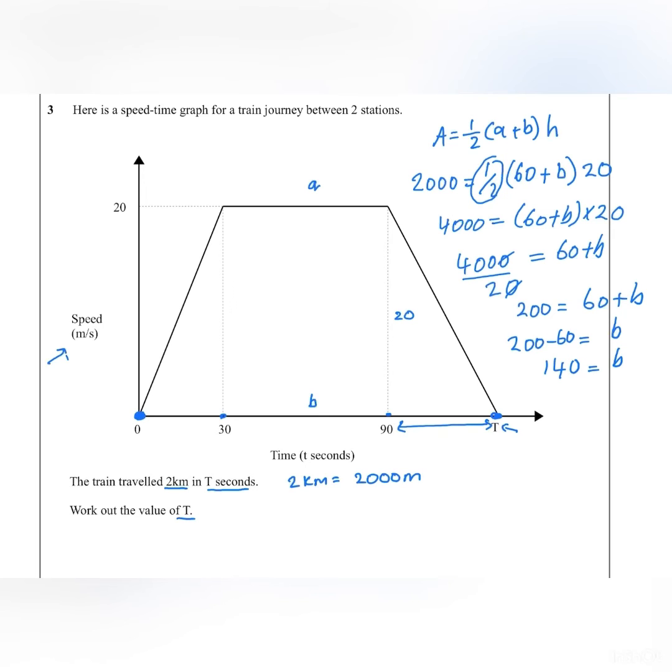So the total distance from there to the point t is 140 altogether. But we know up to this point, we got 0 to 90 and altogether it is 140. So t equals 140.